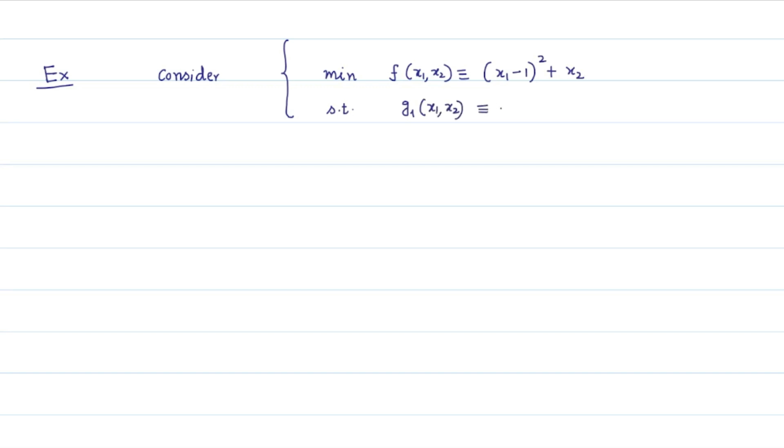I would rather consider a numerical example where this KKT second order sufficient optimality condition will be checked. For example, consider the constrained optimization problem stated as minimization of a function of two variables x1, x2, given by (x1 minus 1) squared plus x2, subject to x1 plus x2 minus 2 less than or equal to 0 and x1 minus x2 minus 1 equal to 0.